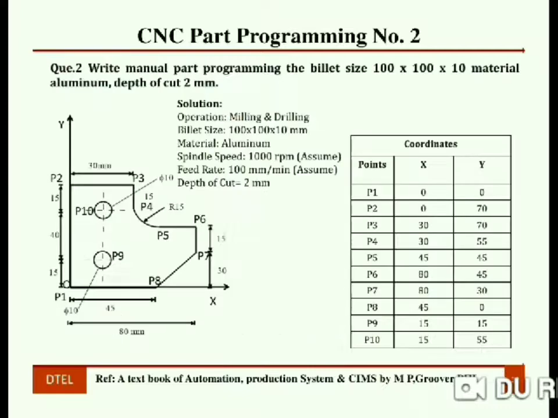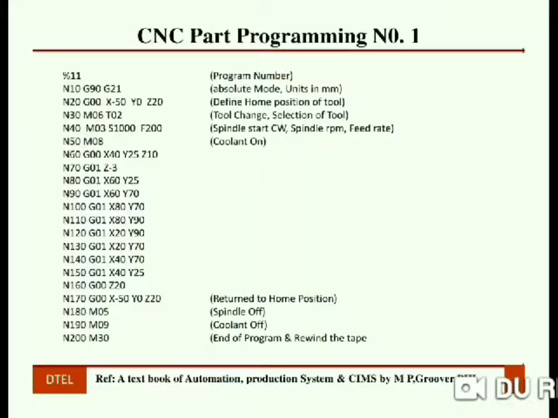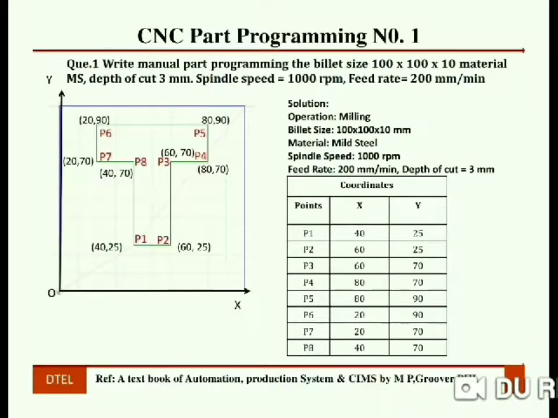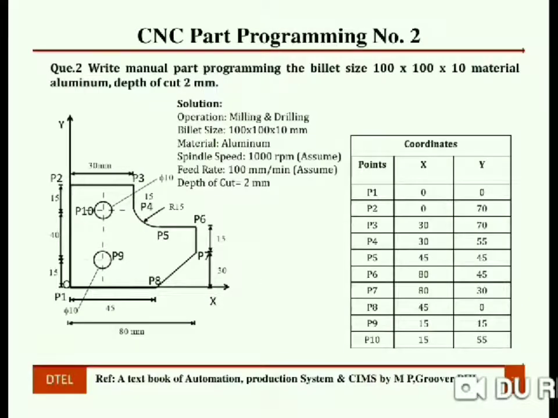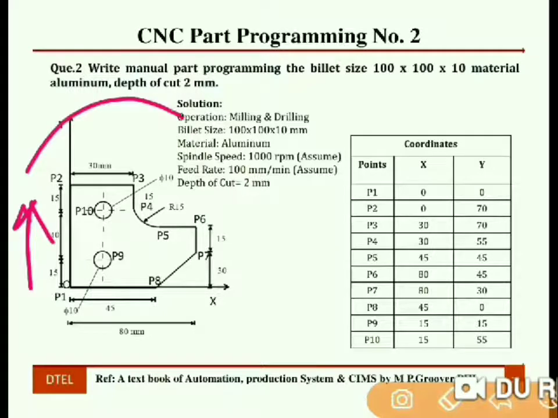Then from this diagram we can see this path. We are going to follow this path, that is clockwise direction. So P1 to P2 is a straight path. That's why we have taken G01 linear interpolation with the desired position, that is the x, y, z coordinates of the P2 point.